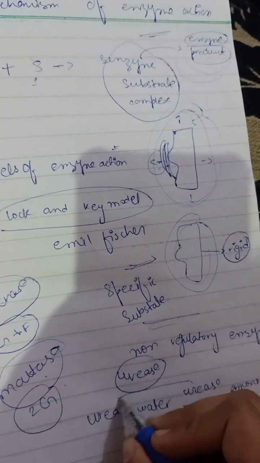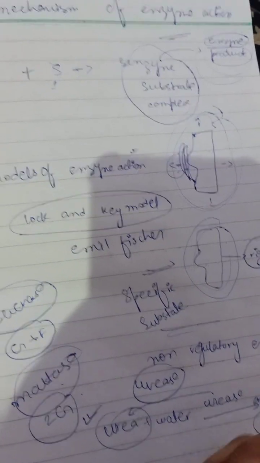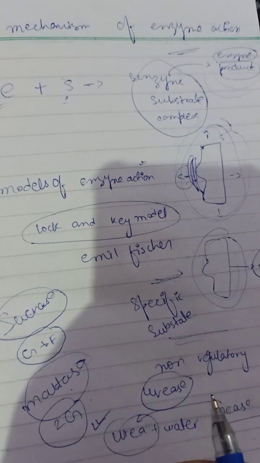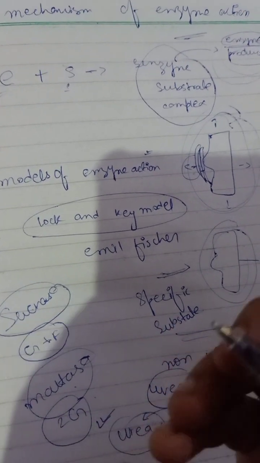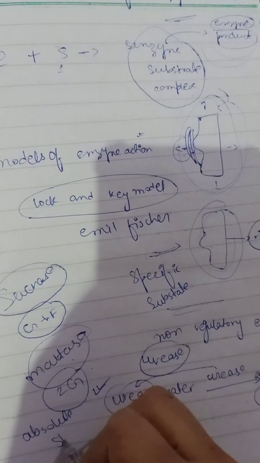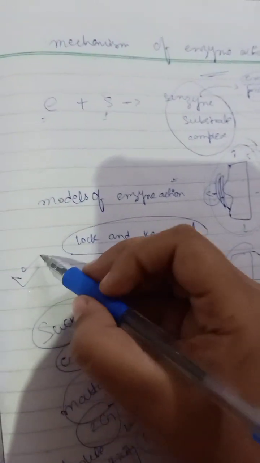Urease only works on urea, which is specific. A specific enzyme working on a specific substrate is called absolute specificity. So this was the first model.